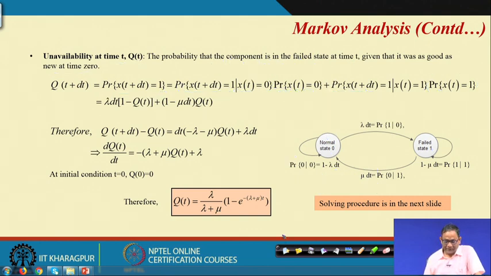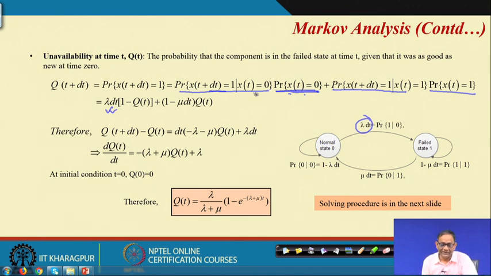Now you just put in these values. What is the transition probability from normal to fail? Lambda t dt. Then what is the probability that x t equals 0? It is the probability that the component is available at time t, so it is 1 minus the unavailability, 1 minus q t.